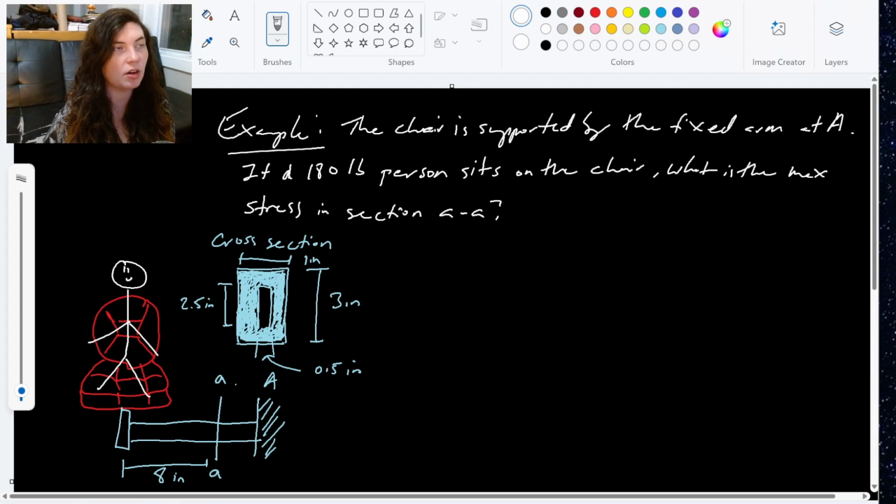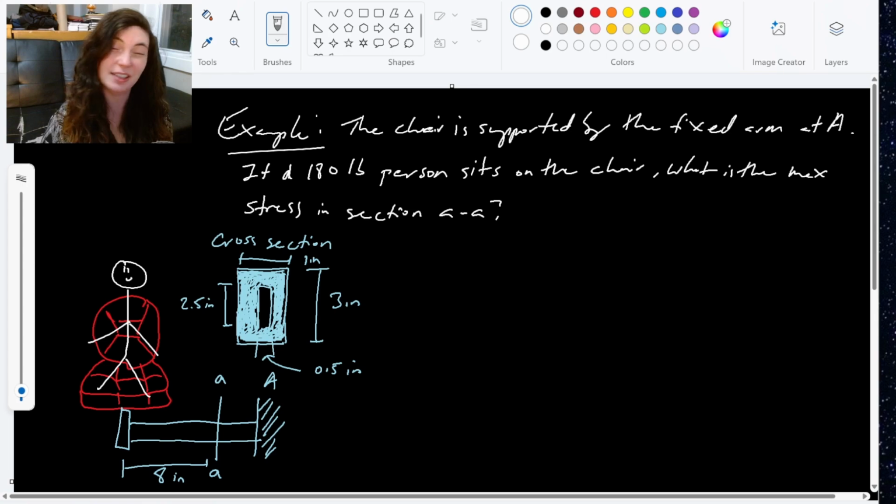And they give us the cross section here too, which is a rectangular cross section with a rectangular hole in the middle. And it looks like their centers overlap. So they're going to have the same center, which is going to save us a little bit of calculation because they're going to have the same centroid. We don't really need to calculate a centroid for this. But this is going to be our cross section.